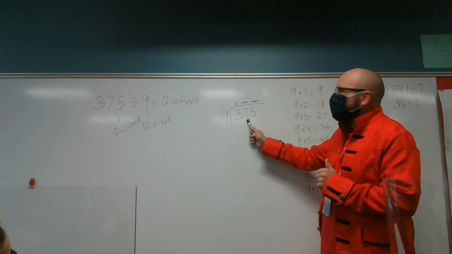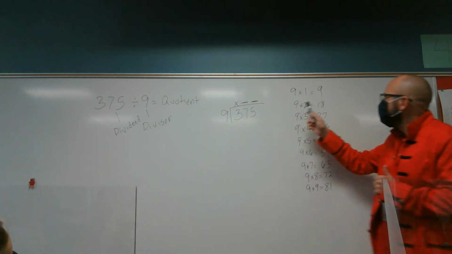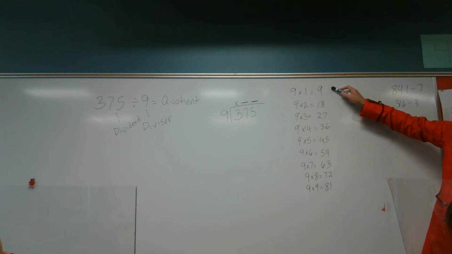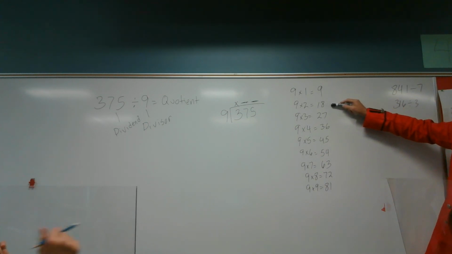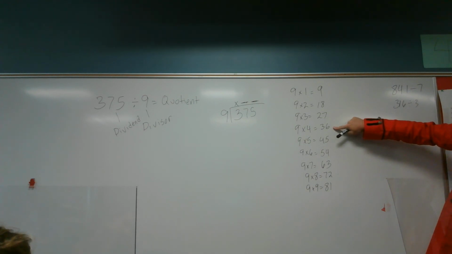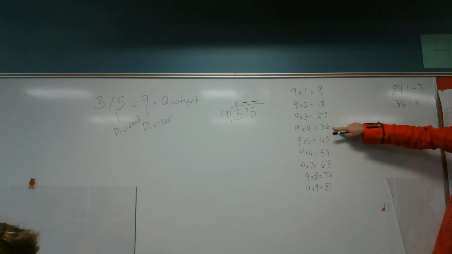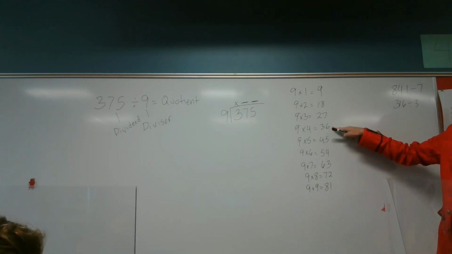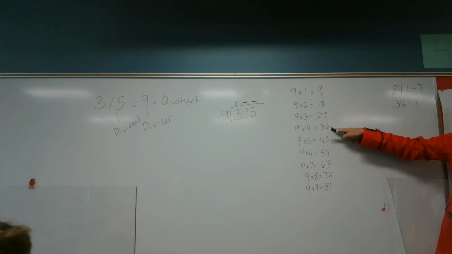Now, I know 9 goes into 37. Once I look at my multiples, I need to be as close to 37 as I can get without being more than 37. So I have 9, 18, 27, 36, 45. 36 is as close to 37 as I can get without going over.